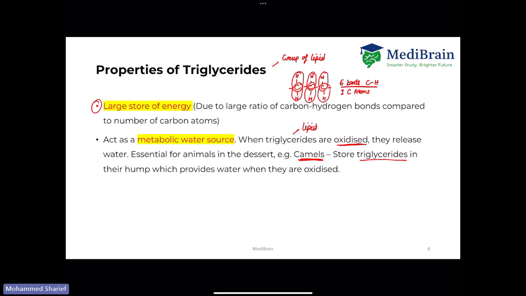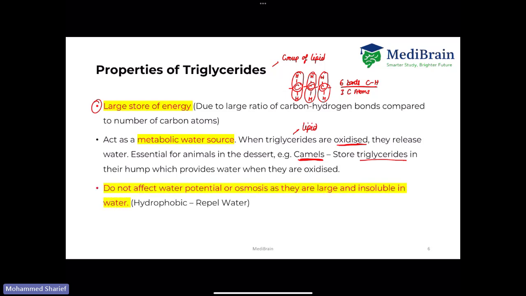The reason why this is a common application question is they might put a camel in there, or some form of an animal you've never heard of before, but if they do, you know what they're talking about. Camels store a lot of triglycerides in their hump, so when they respire, they can provide the water because the triglycerides can be oxidized. Okay, this is a common point over here.